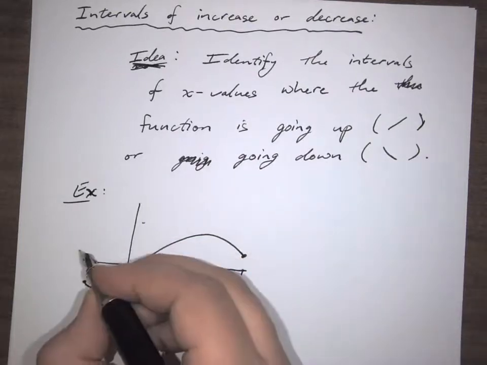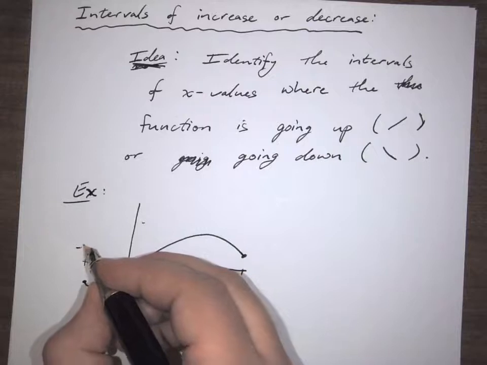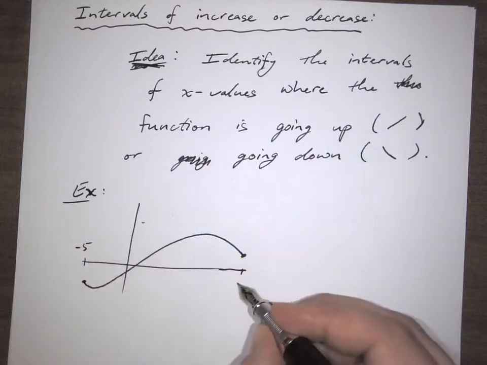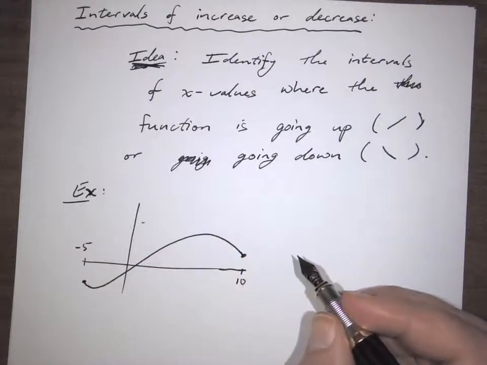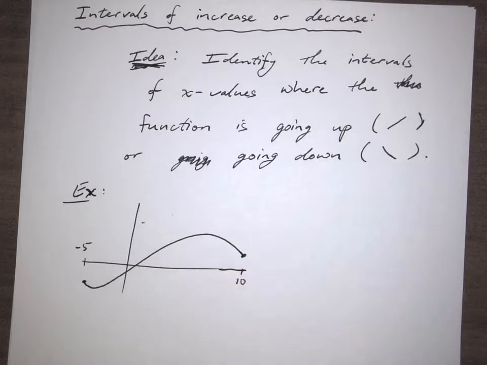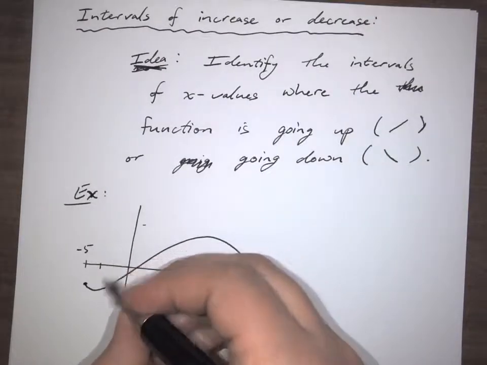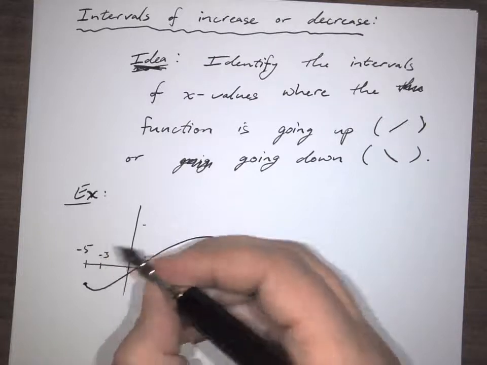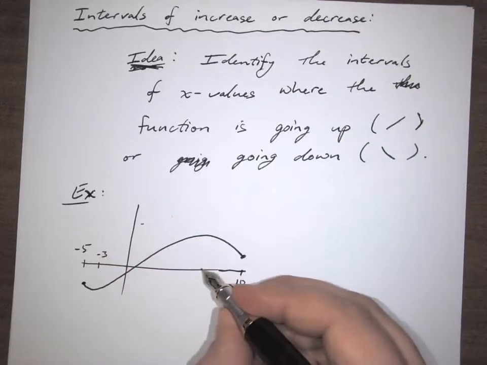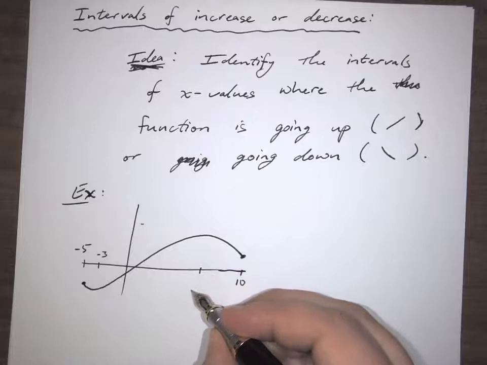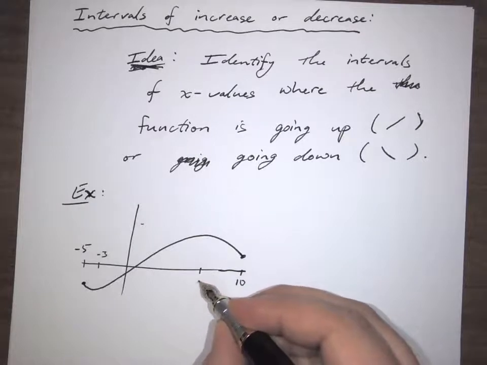And let's say it's going from -5, and say that this one is 10. And all that matters to us here are the x values. And important x values that we need to be concerned about would be this one, which we'll say is -3, and this one, which we'll say is +6.